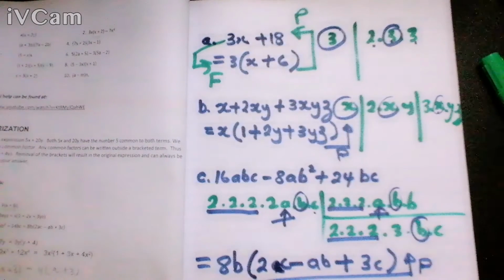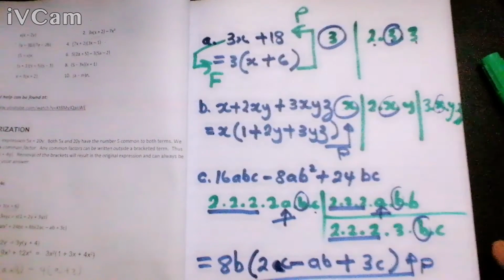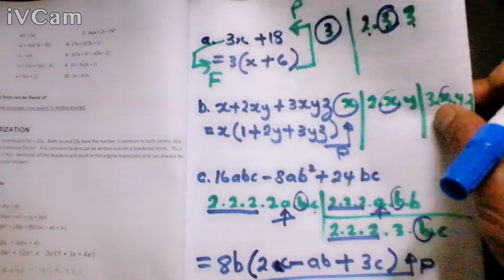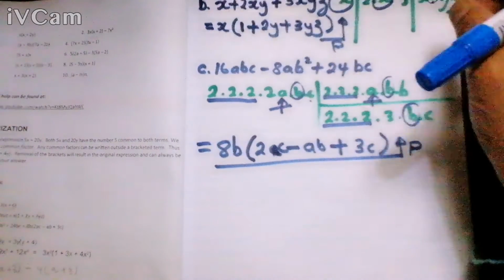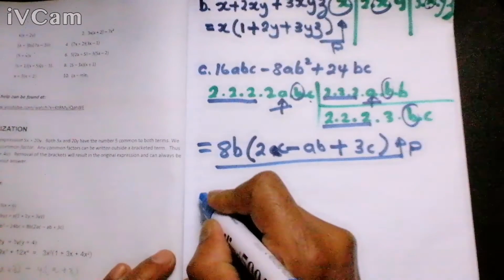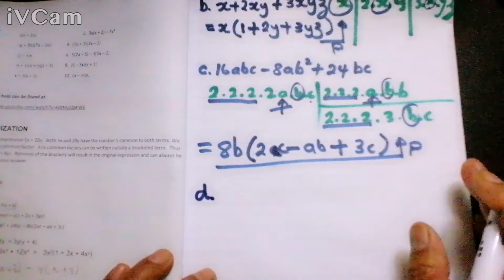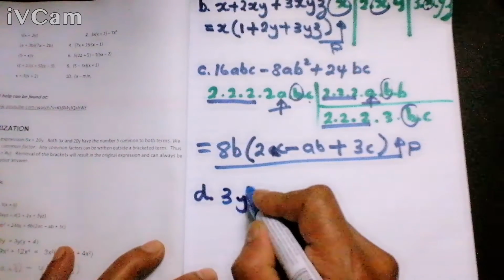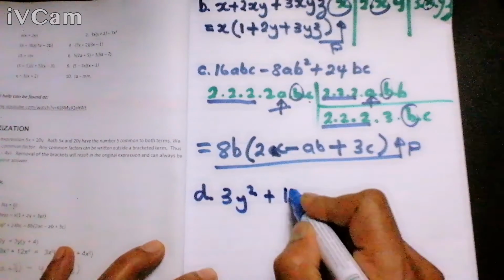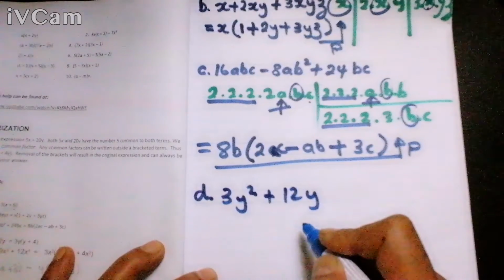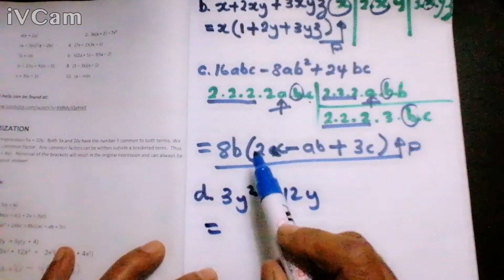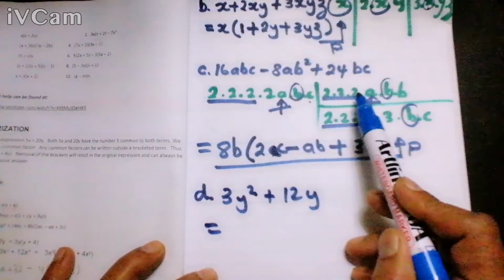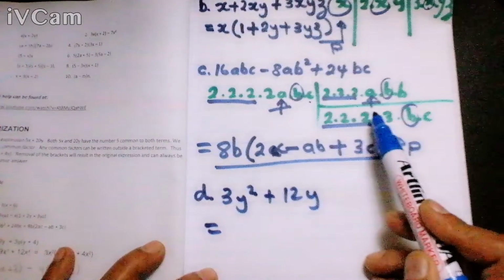Okay, let's move on to the next one, which is D. Which is 3y squared plus 12y. Now I'm not going to go into doing this laborious factorization.